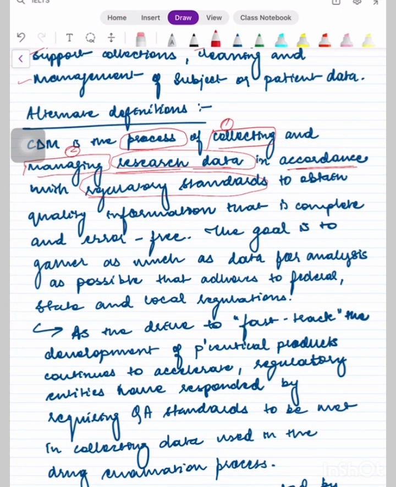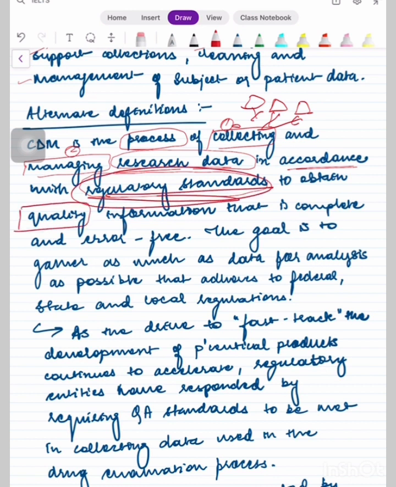So it is the process of collecting data from various sources, various trials, and managing the research data in accordance with the regulatory standards to obtain quality information that is complete and error free. That is a given thing. Now what is the goal?